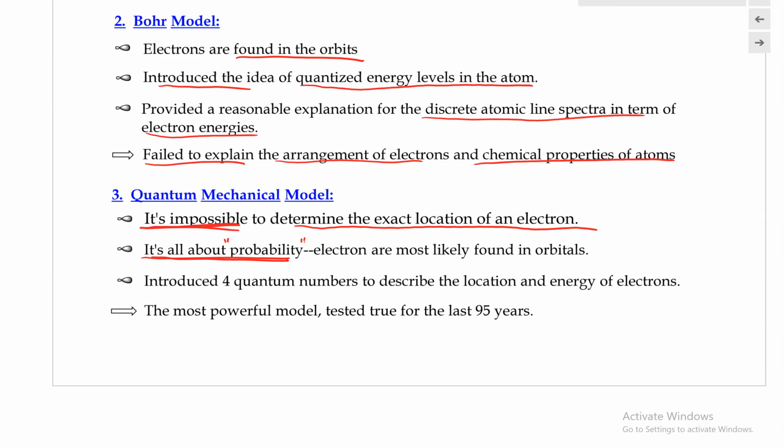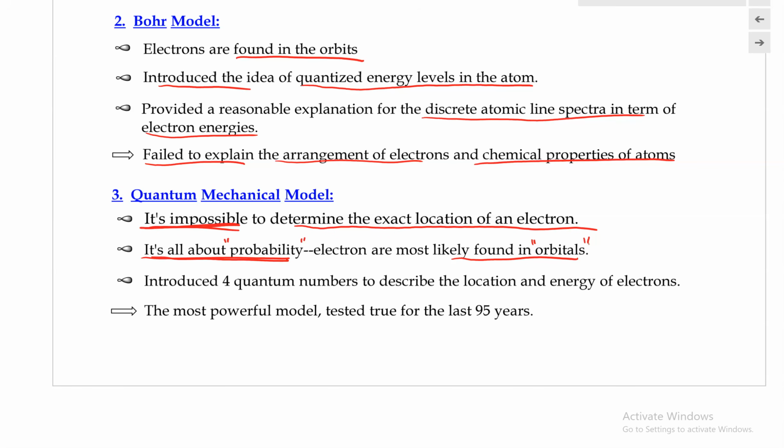Electrons are most likely to be found in an orbital, and this is where we'll be learning a new terminology called orbital. Orbitals are basically regions outside the nucleus of the atom where we are most likely to find the electron. Basically, regions with high electron probability are called orbitals.